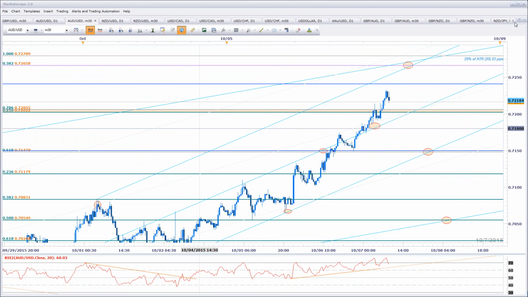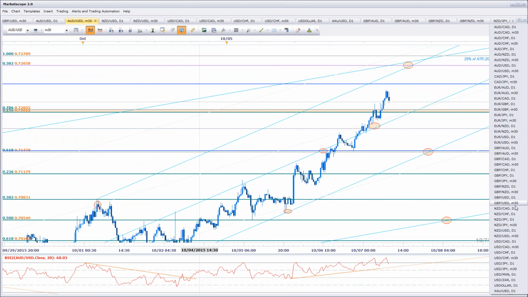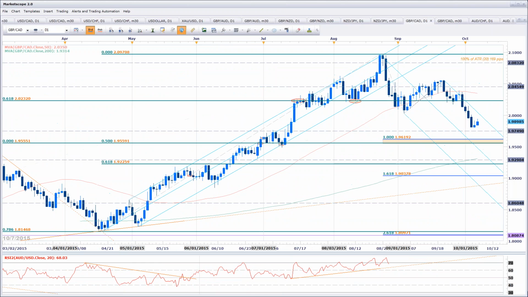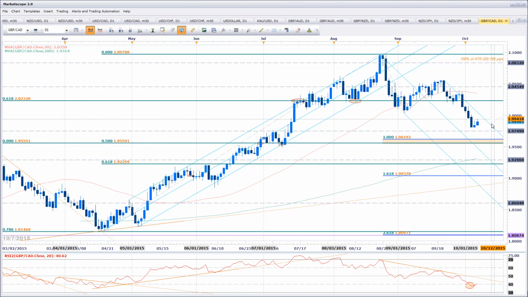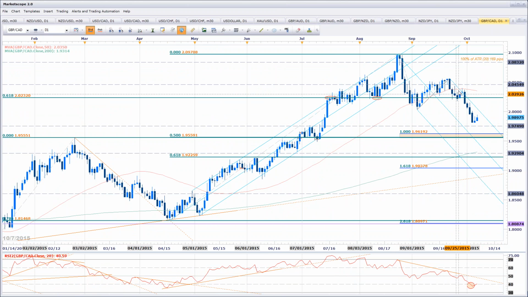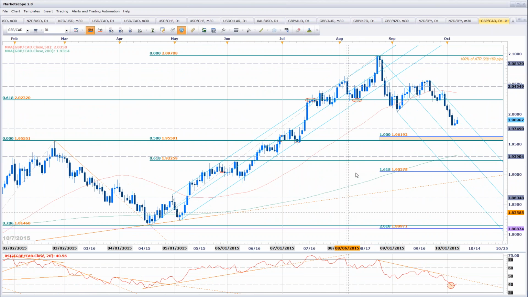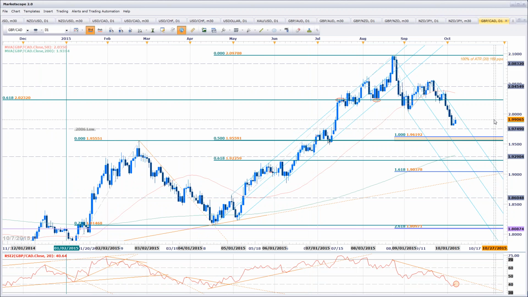Bill, here's what sterling CAD looks like. I haven't actually looked at it in a while, so let's take a quick gander. Well, you're in a downtrend.